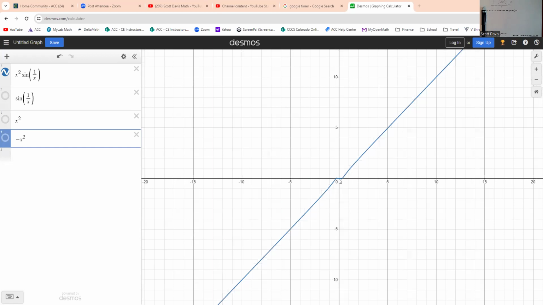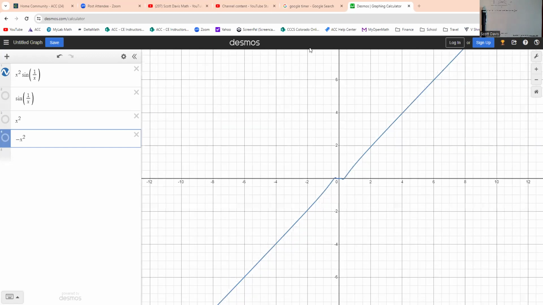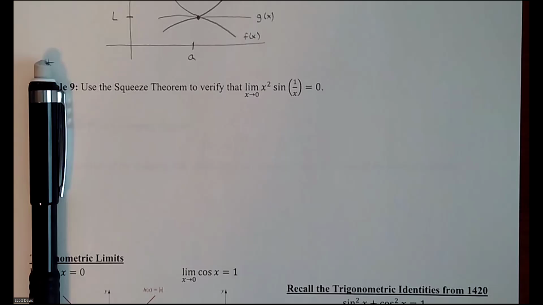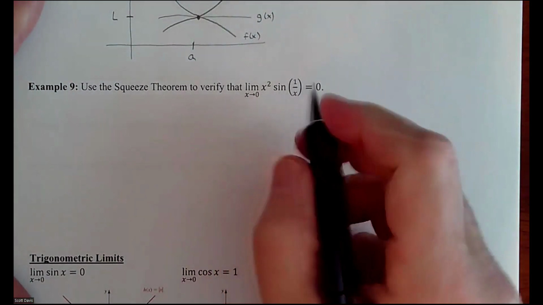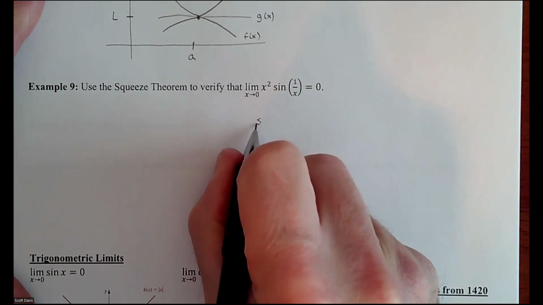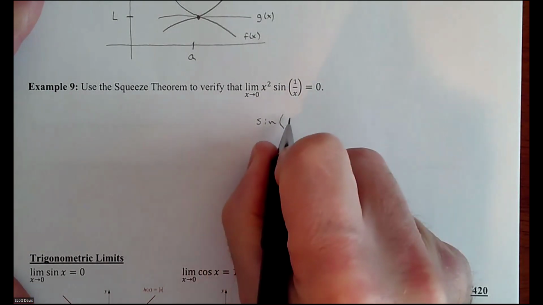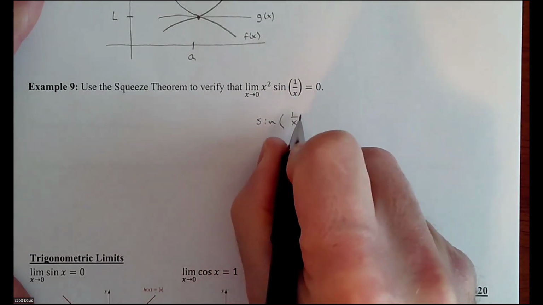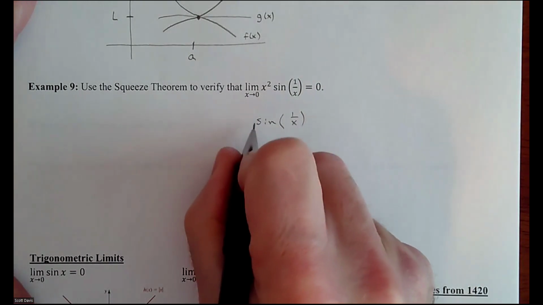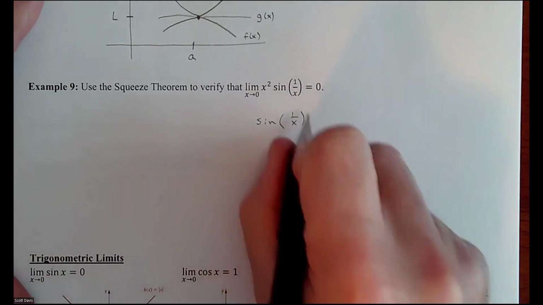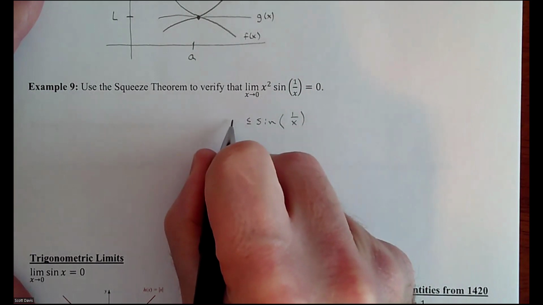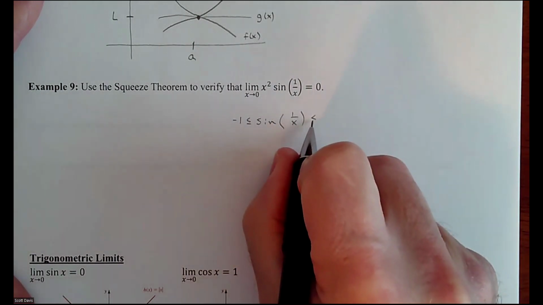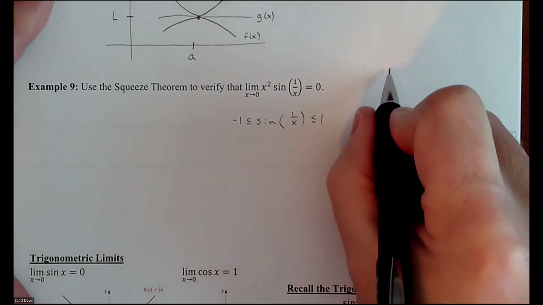What I can do is focus on this piece in general, a sine curve with no amplitude adjustment, no vertical stretch to it. I know that whatever values I plug in are going to be somewhere between -1 and +1. That's just a basic sine curve.